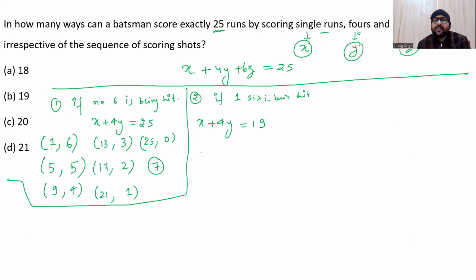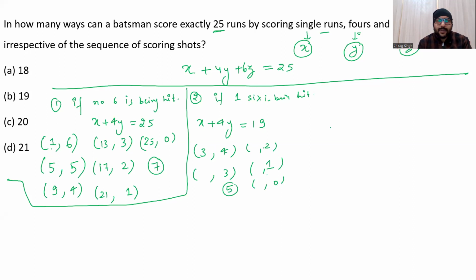So in how many ways you can score 19 more runs? तो आप at max you can hit 4 boundaries. If you have hit 4 boundaries, 4 into 4, 16. 19 minus 16, 3 singles. Then if you have hit 3, or 2, or 1, and 0 boundaries. So how many cases are these? 1, 2, 3, 4, 5.